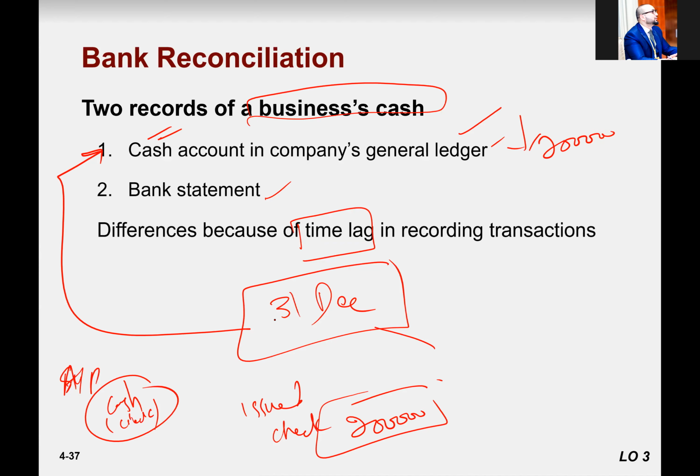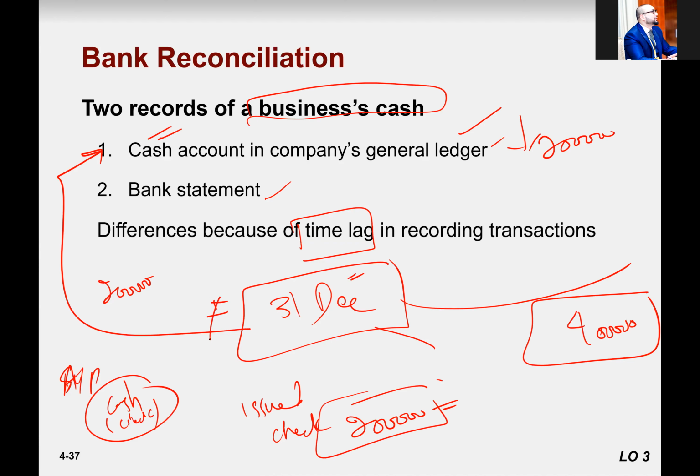But the person who received this 200,000 check did not go to the bank on 31st of December. So on 31st of December, your account is showing 200,000 balance and the bank account is showing 400,000 balance.